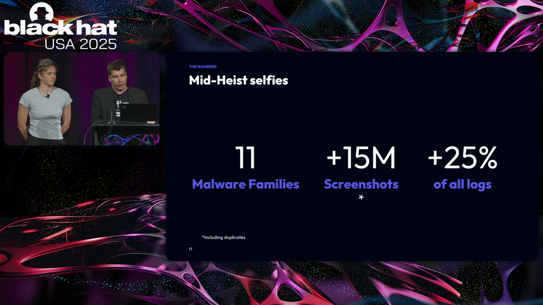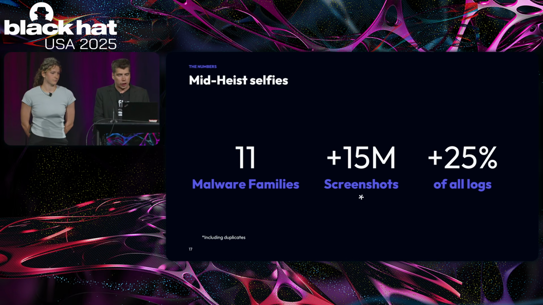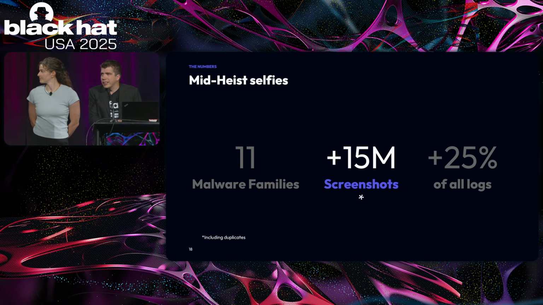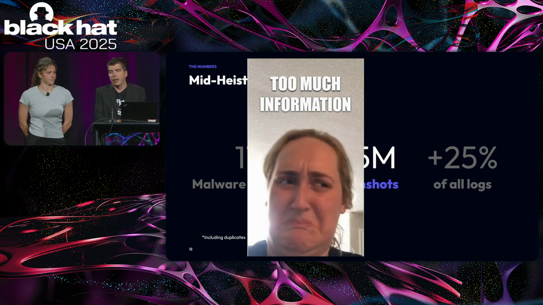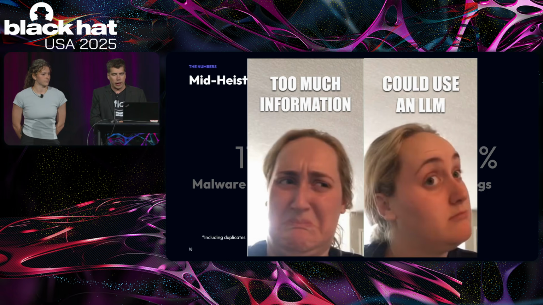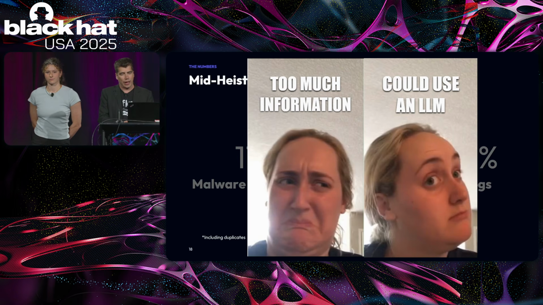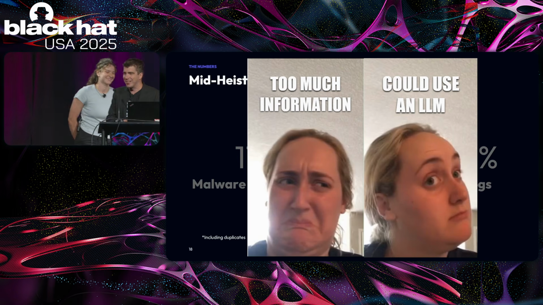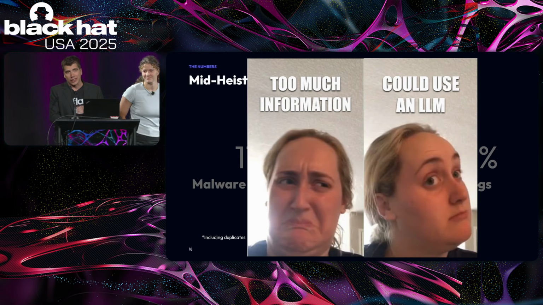We have over 11 different malware families, 15 million screenshots. But then we realized, oh my God, analyzing screenshots one by one is time consuming and difficult, right? It's too much information. But then we're like, oh, we're in 2025. Everything is solved by AI and LLMs. So why not do it, right? We should use an LLM for that problem. And so this is where Estelle's genius is coming in, and she built something that she's going to talk about.